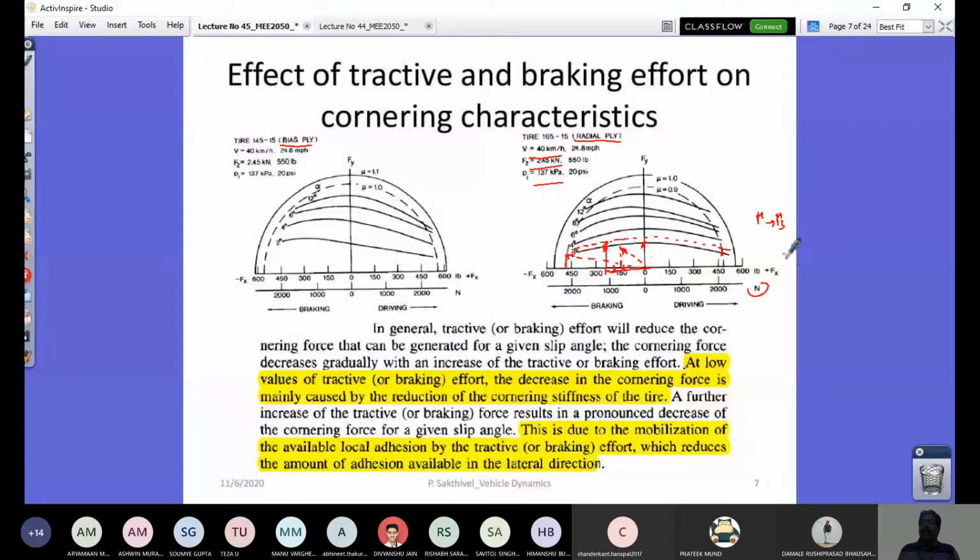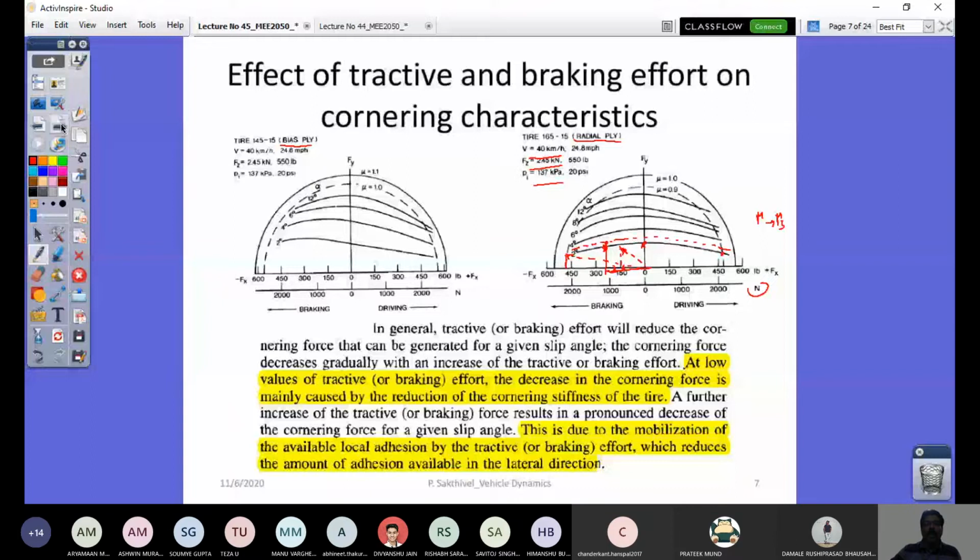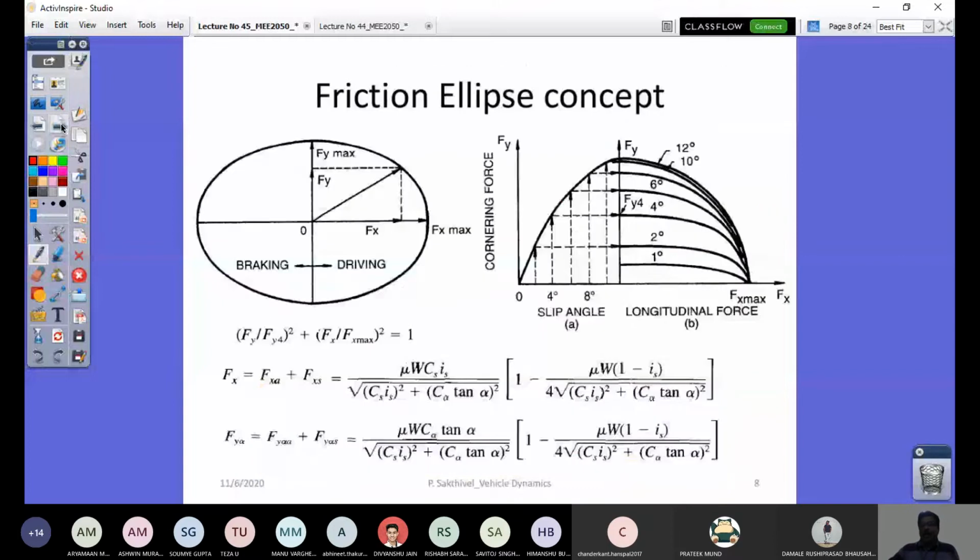So for that purpose, I should see such a model which is able to give a framework to have an analytical formula. This framework is what is called the friction ellipse concept, very popular, and that's what we would see in a while. There are 2 points here I have highlighted that you can read later, which I have already explained. So this is the friction ellipse concept.